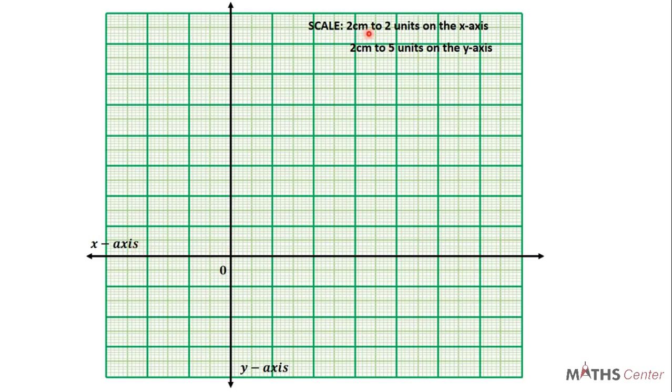The scale on the x-axis is 2 centimeters to 2 units. So this is the origin. The next major grid line, which will give us 2 centimeters, is this. And the scale is 2 centimeters to 2 units. So from 0, the next one will be 2. The next one, we increase 2 by 2, we get 4. The next one, we increase 4 by 2, we get 6.